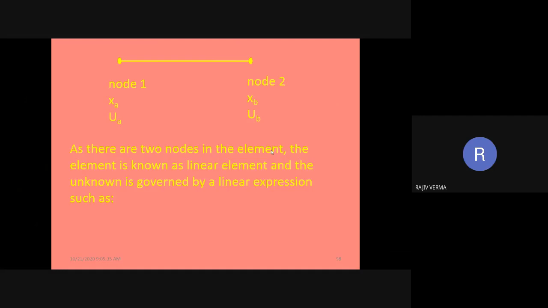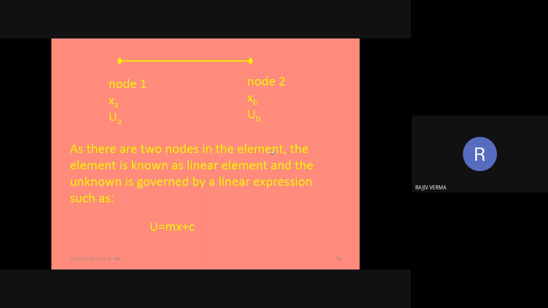As there are two nodes, the element is known as a linear element, and the unknown, that is u, is governed by a linear expression such as u is equal to mx plus c.